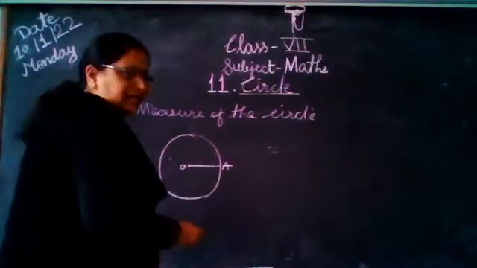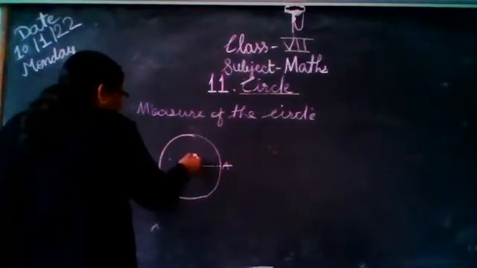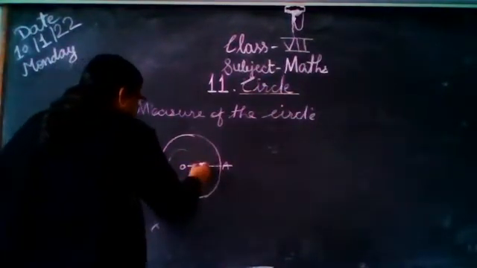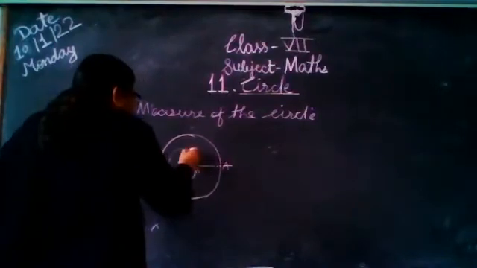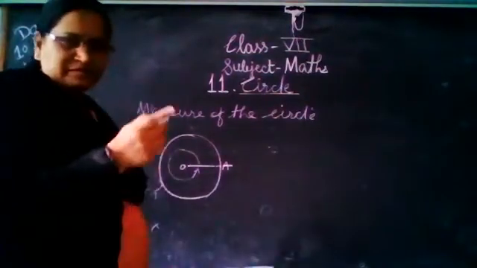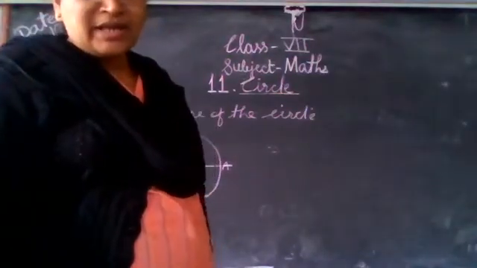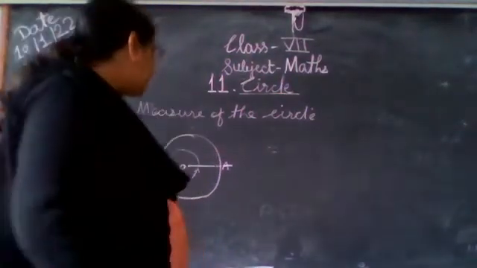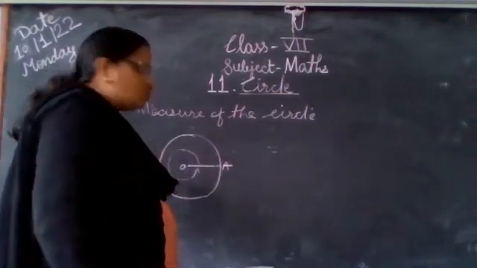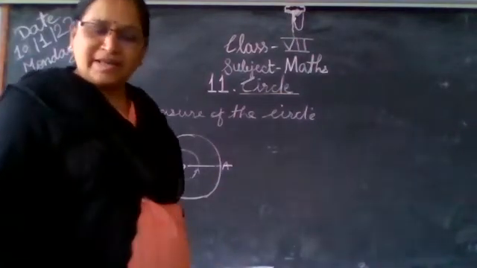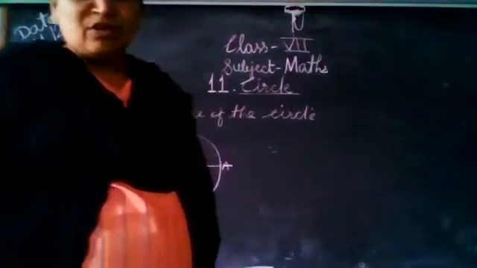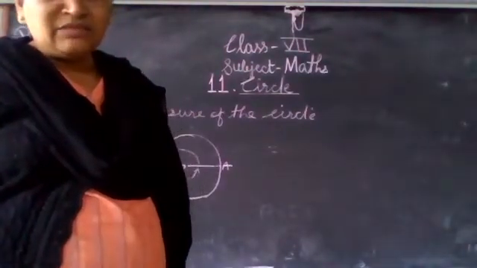So when this radius is turned anti-clockwise like this, it completes one rotation. It turns through an angle that measures 360 degree. That's why the measure of a circle is what? 360.